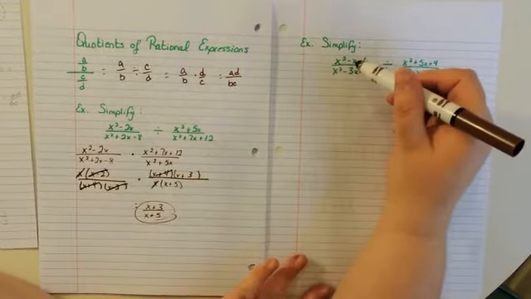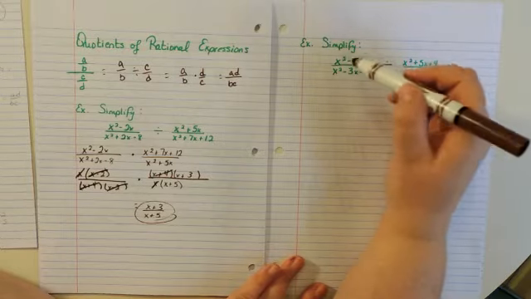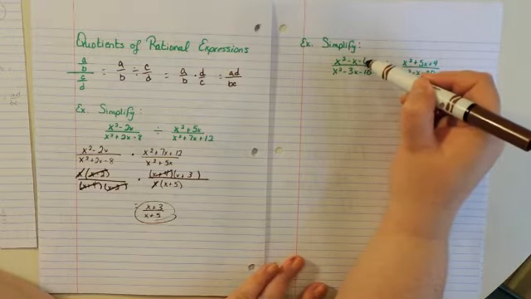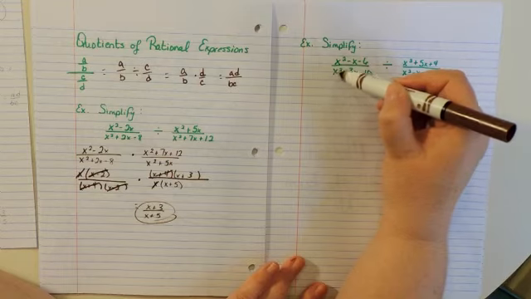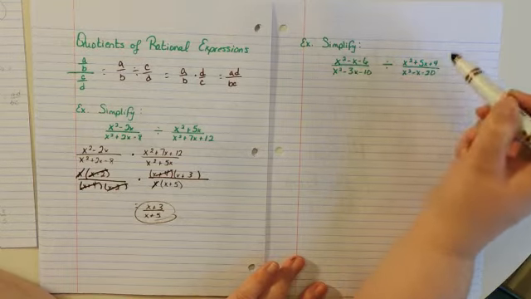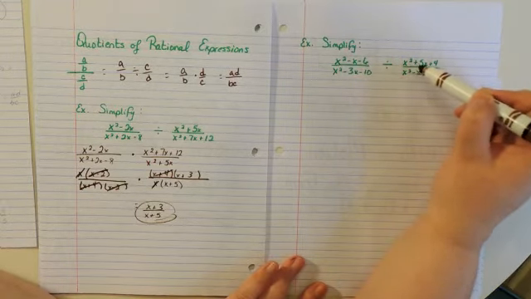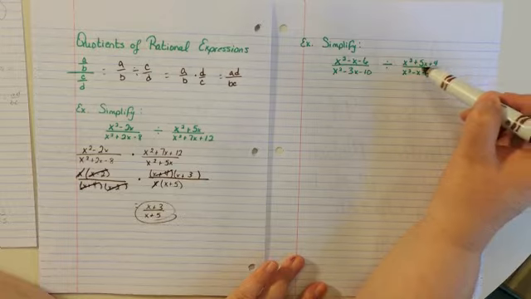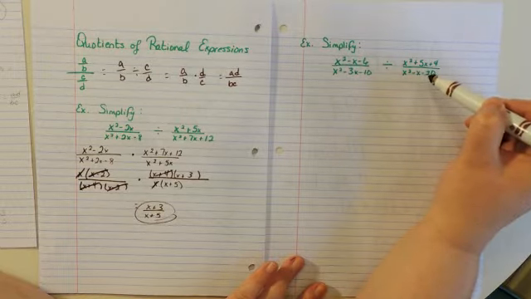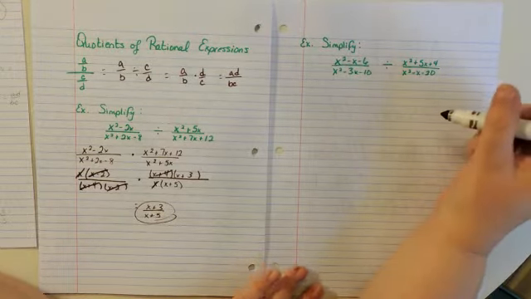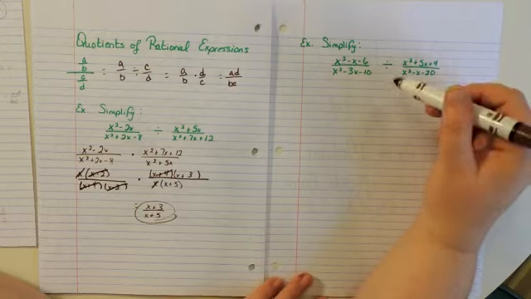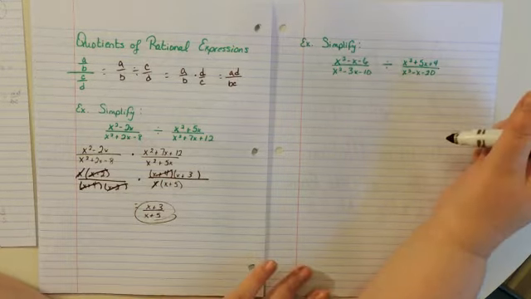We have x squared minus x minus 6 all over x squared minus 3x minus 10 divided by x squared plus 5x plus 4 all over x squared minus x minus 20. Okay, so to start with, we're going to rewrite this as a multiplication problem.